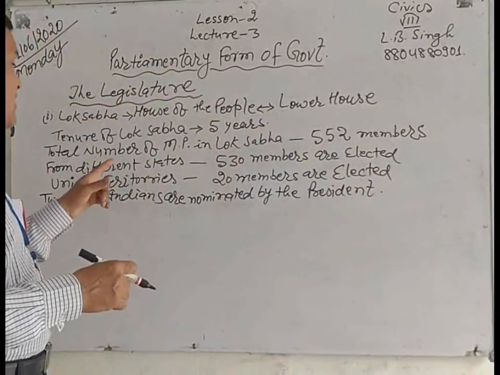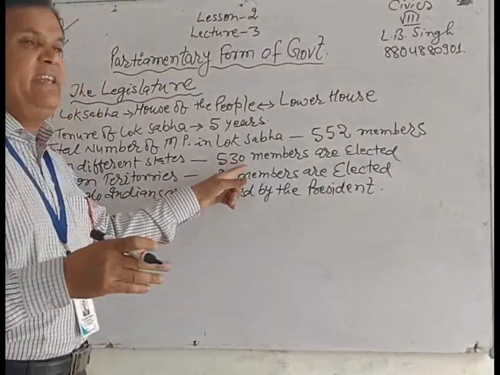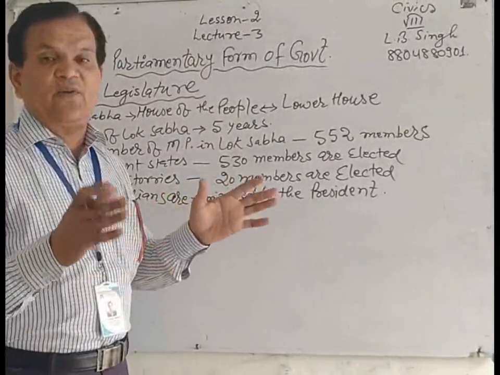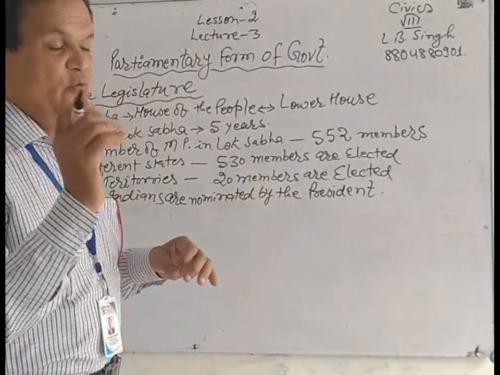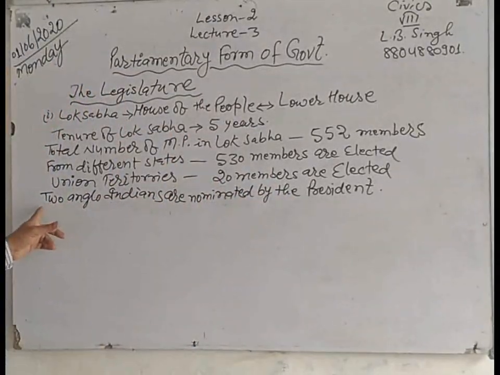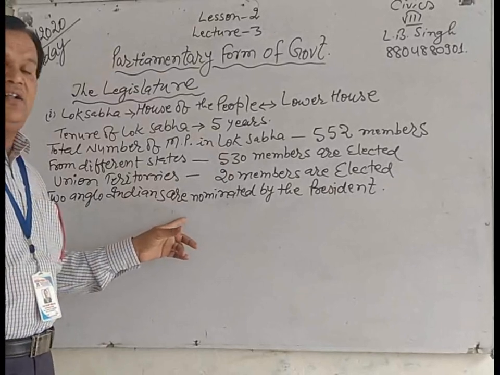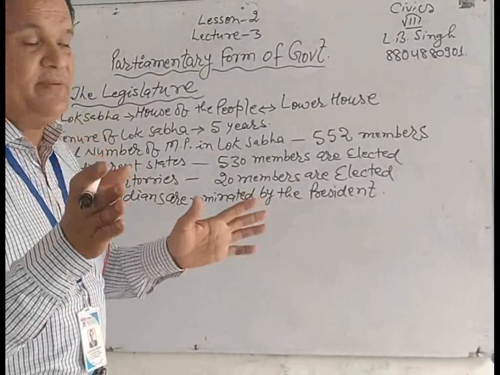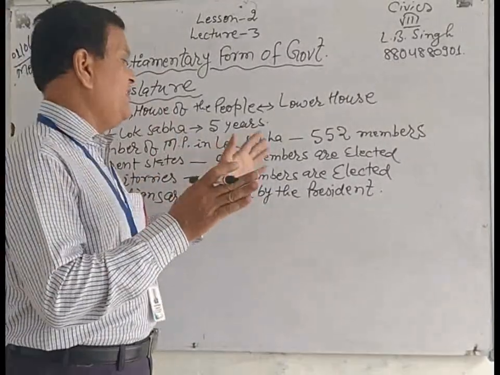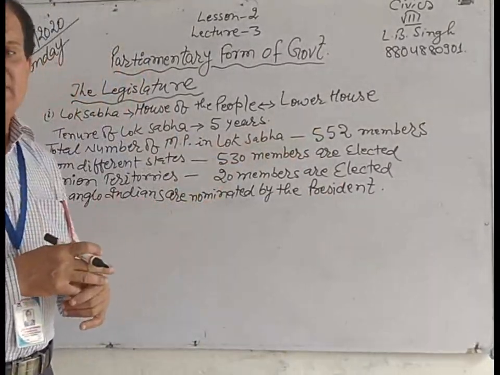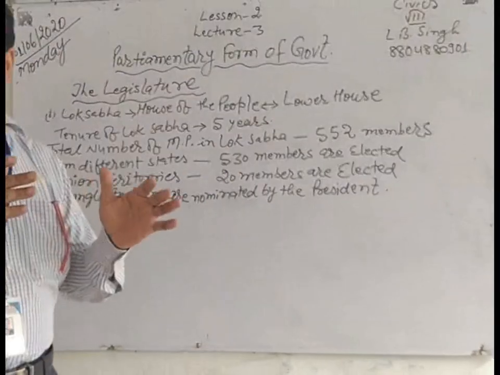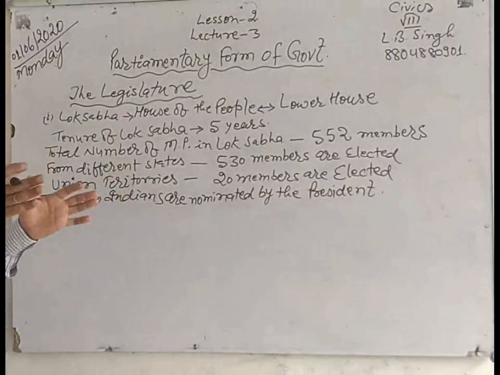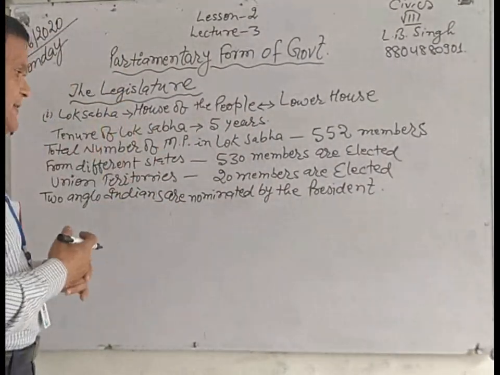From them, 530 members are elected from the different states, 20 members are elected from Union territories of India, and 2 Anglo-Indians are nominated by the President of India. Like this, 552 members work in the parliament, and their duty is to make the laws for the people of the country.